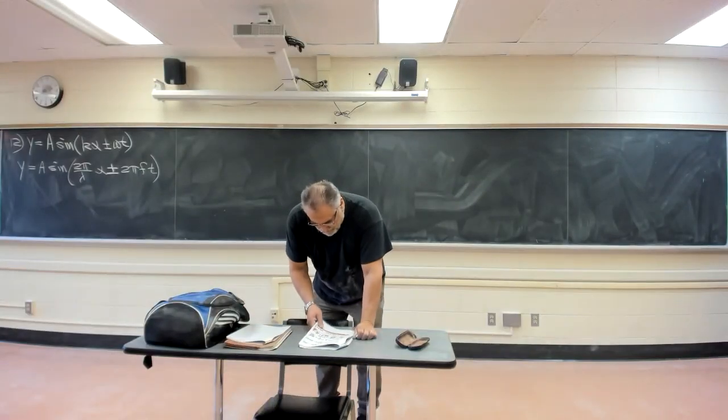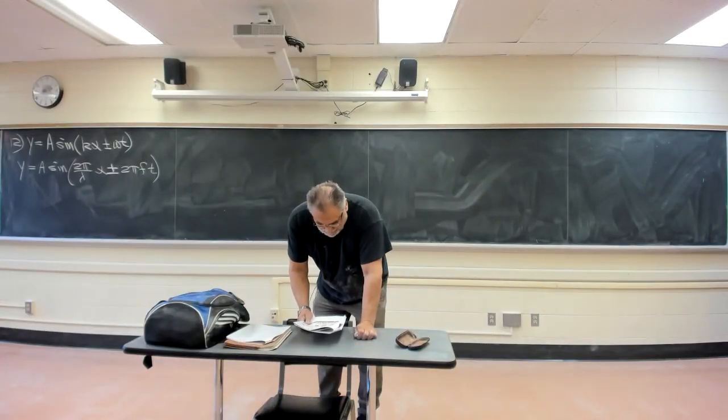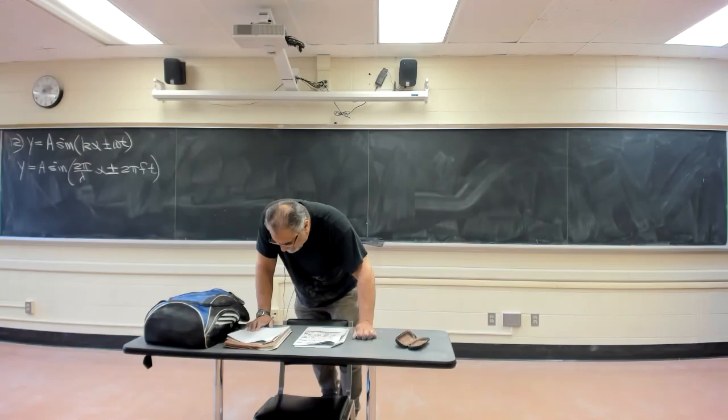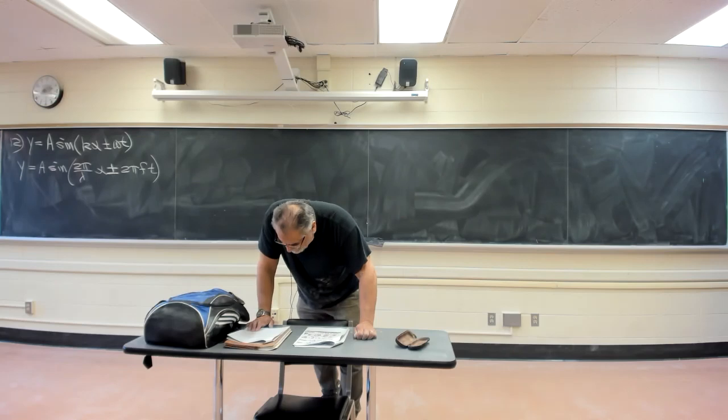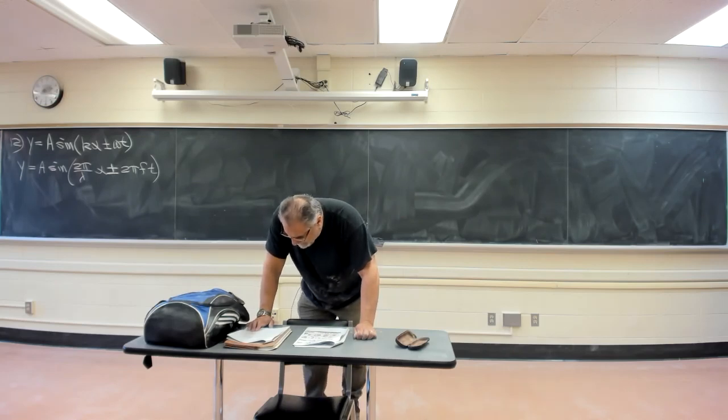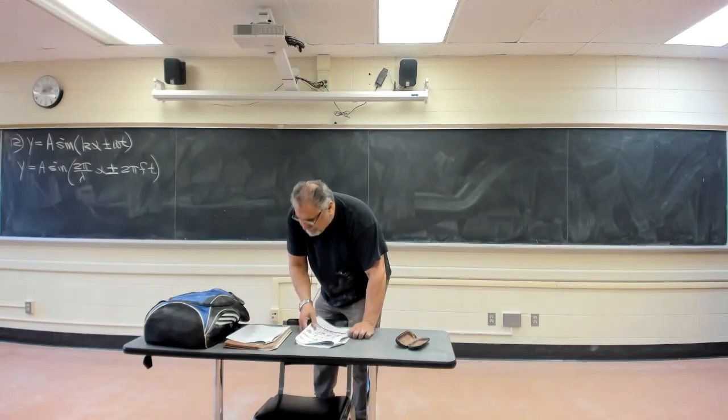So what happens is, they say a number of things to us. Let me just make sure I'm speaking their language. Write the equation of a wave traveling along the positive x-axis. So we're going to use a minus inside that argument. If we're going along the positive x-axis, we use a minus inside of that argument. It has an amplitude A of 2, a frequency of 250, and a speed of 50.